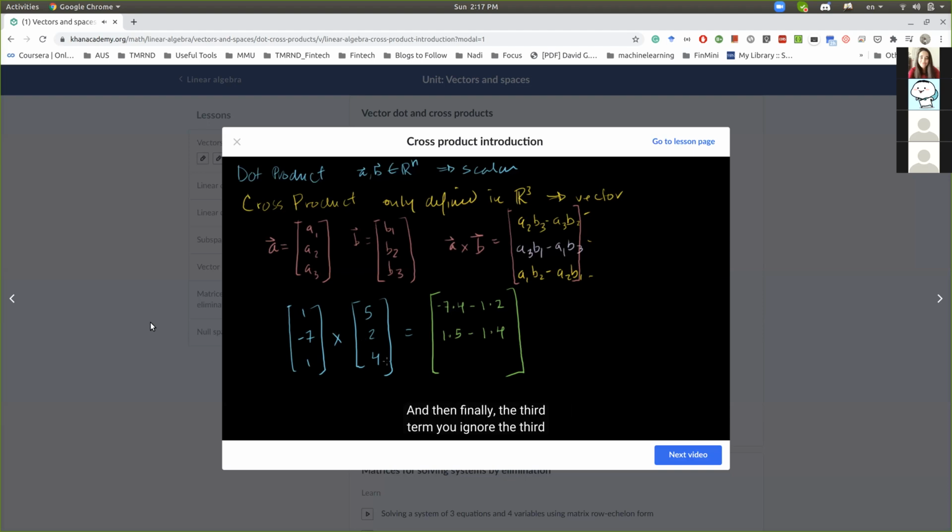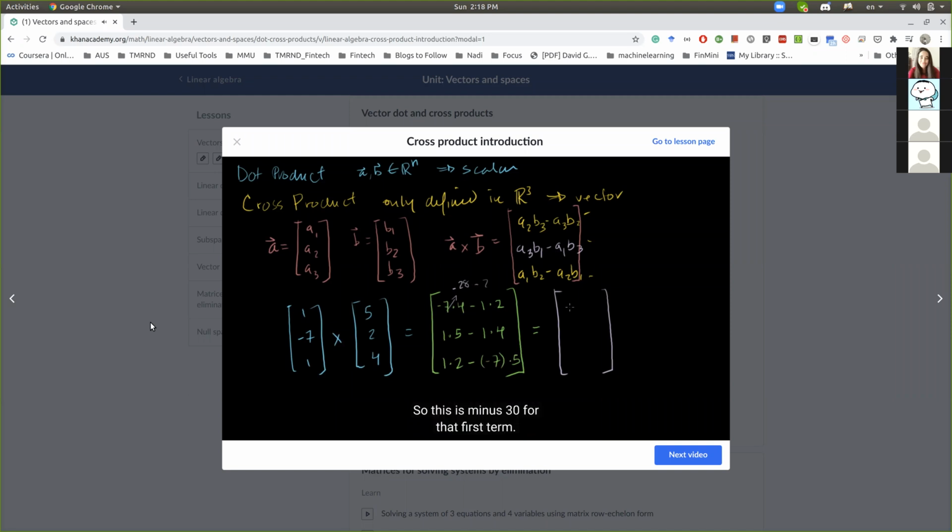And finally, for the third term, you ignore the third terms and do it just like the first term, starting at the top left: 1 times 2, minus 7 times 5. So that is equal to, let me see, minus 7 times 4. Don't want to make a careless mistake here. That's minus 28, minus 2.